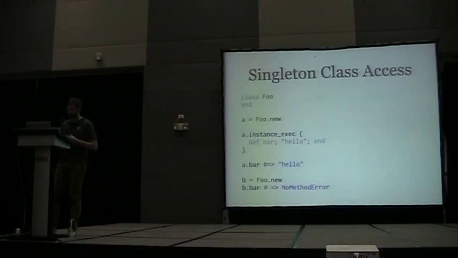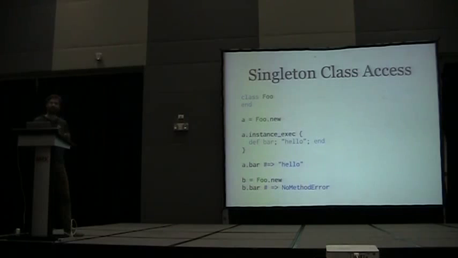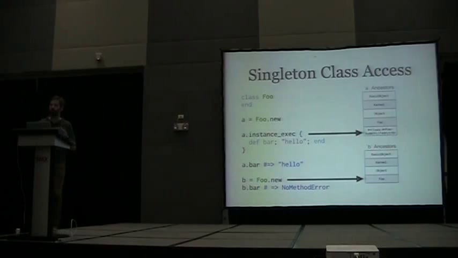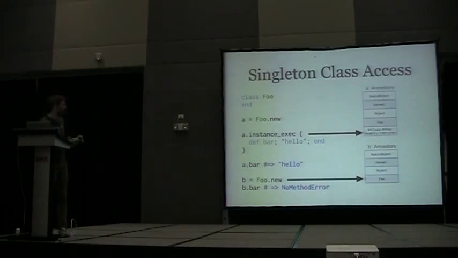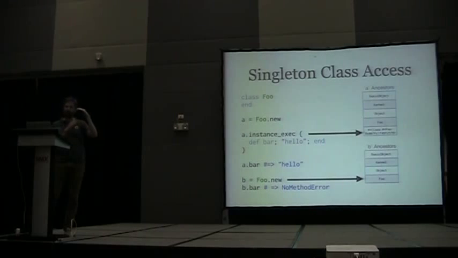The reason that this happens is because when Ruby is looking up the serial number for the class of that instance, it has to look at either the real class, the very first ancestor of that instance. So for example, it's kind of hard to read, but when you do that instance exec, it actually creates a Singleton class, and that's the very top there, or the very closest to your object.